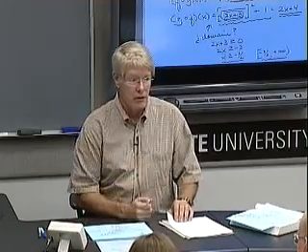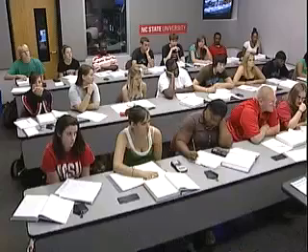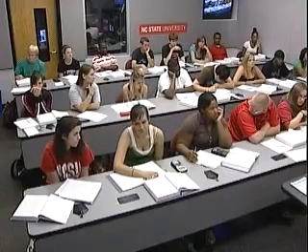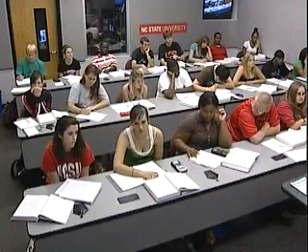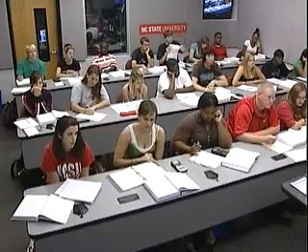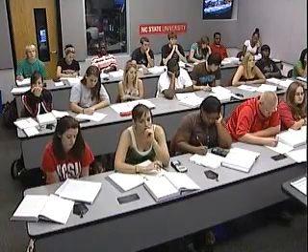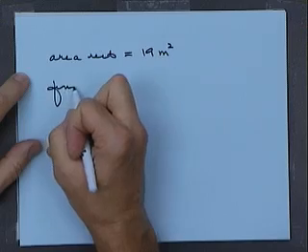Okay, yes. It's another WebAssign question. You're given the area of a rectangle is 19 meters squared. And it says find the formula of the perimeter of the rectangle in terms of x.